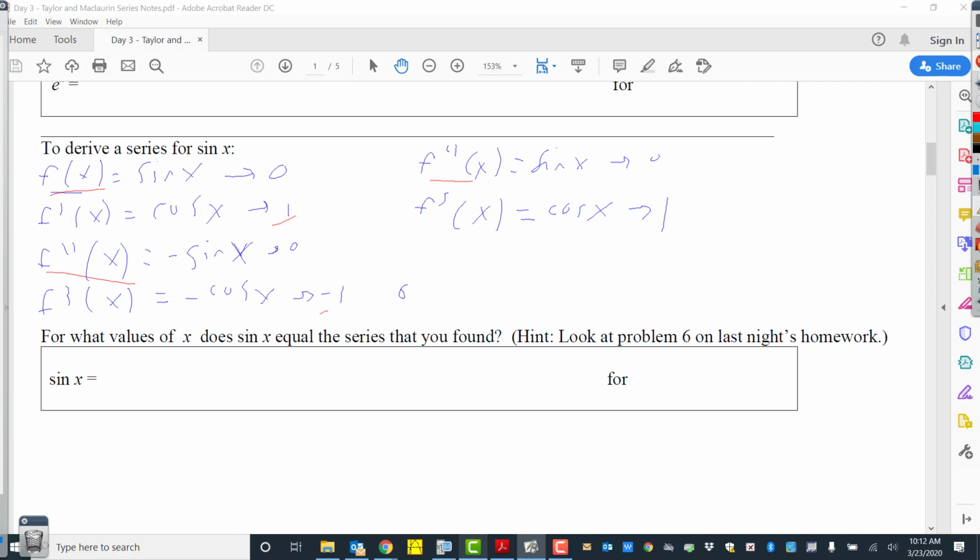Well, f of 0 is 0, plus f prime of c times x, so 1 times x, plus f double prime of c times x minus c squared over 2 factorial, but this is just 0, so 0 times anything is going to give us 0, plus the third derivative of c, so negative 1 times x minus c, but remember x minus c is just x, cubed, over 3 factorial, plus the fourth derivative of c, well, that's 0 again, so that's just going to give us 0, plus the fifth derivative of c, which is 1, times x to the 5th power over 5 factorial, plus dot, dot, dot.